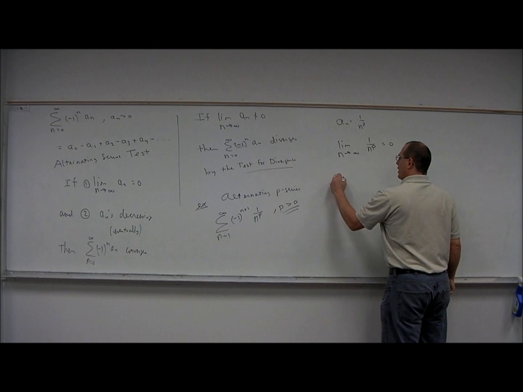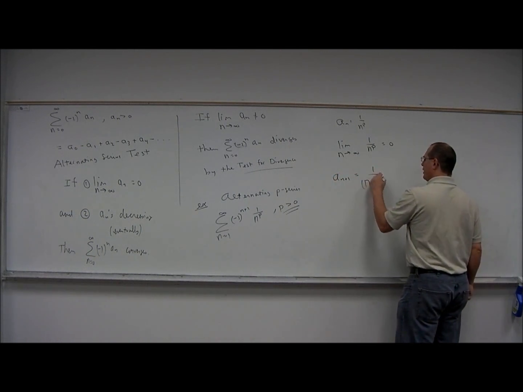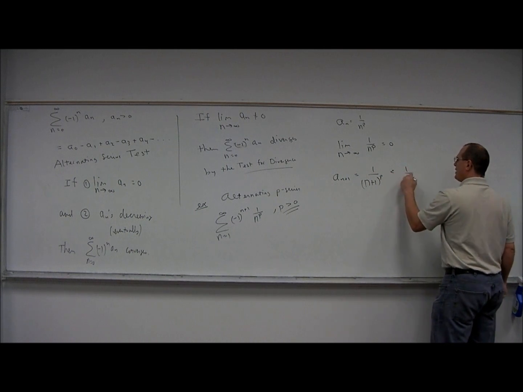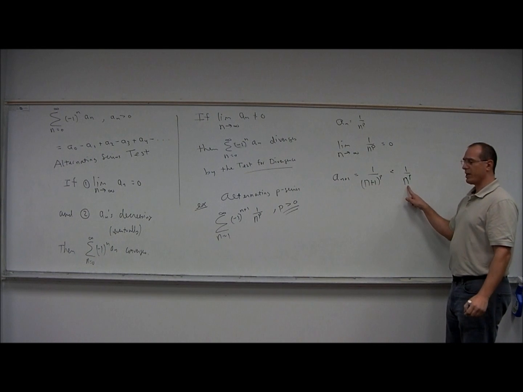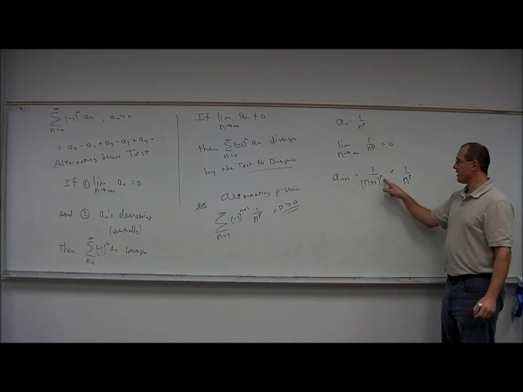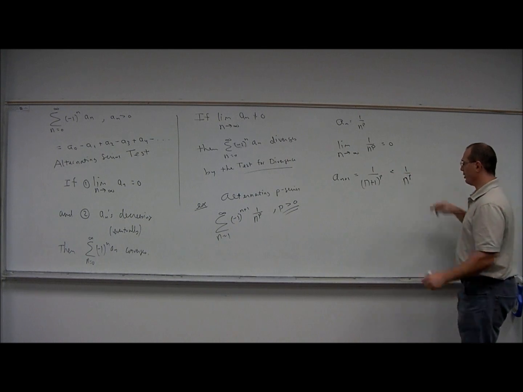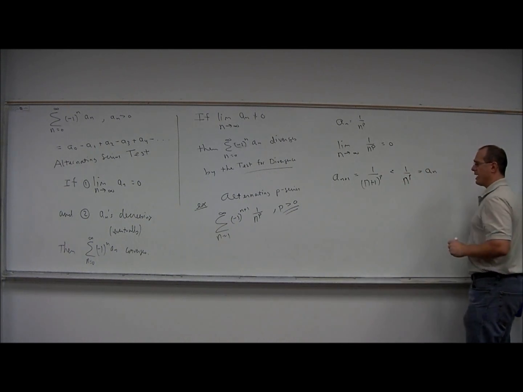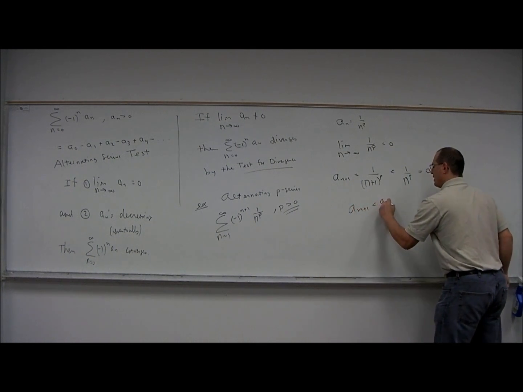And also, a sub n plus 1 will be 1 over n plus 1 to the p. That will be less than 1 over n to the p, because n plus 1 is bigger than n, so n plus 1 to the p will be bigger than n to the p, so its reciprocal will be smaller. And this is, of course, a sub n. So a sub n plus 1 is less than a sub n.